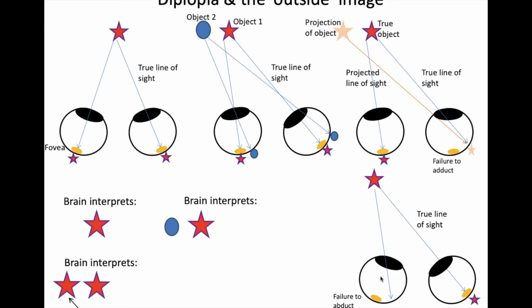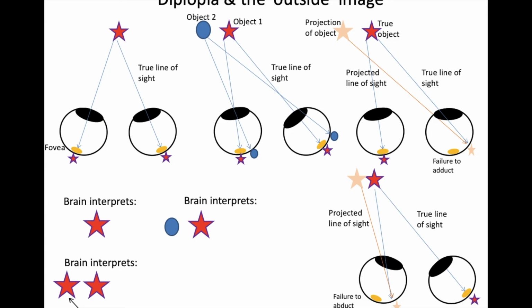And you can see that again, what happens is that the light from the object is now hitting the side of the retina to the side of the fovea. And it's hitting it at a place which the brain interprets as having come from an object just lateral to the red star, the true fixated object. This is the projected line of sight.